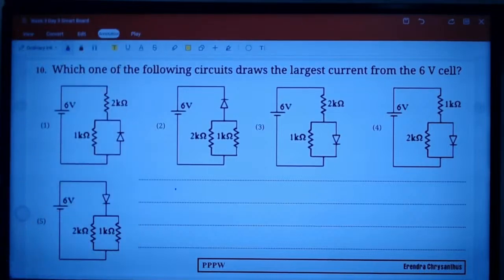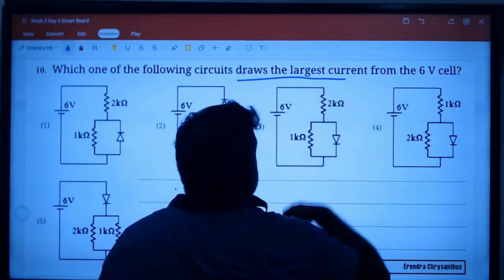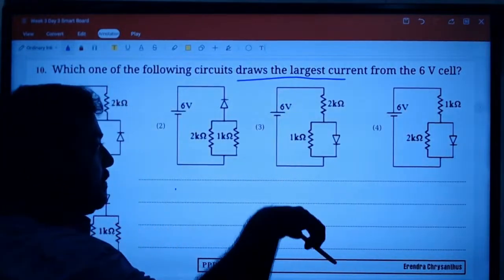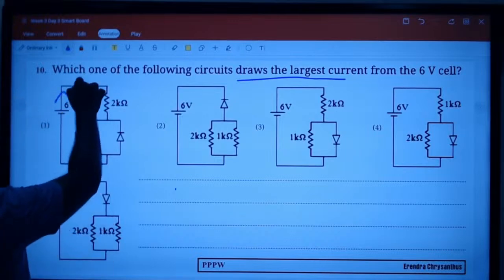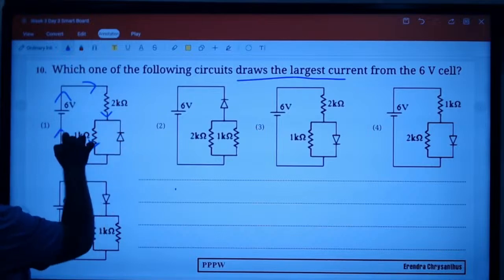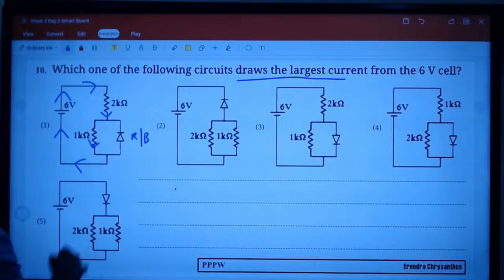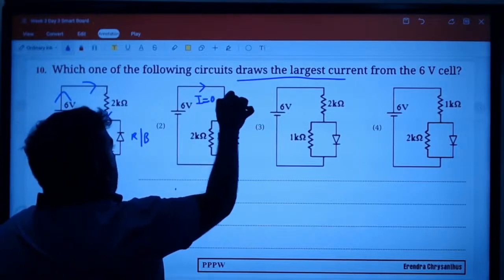Which of the following circuits draws the largest current from a 6 volt source? Larger current means smaller resistance. So current will travel this way. Why? The diode is reverse biased, so current in that circuit is 0.